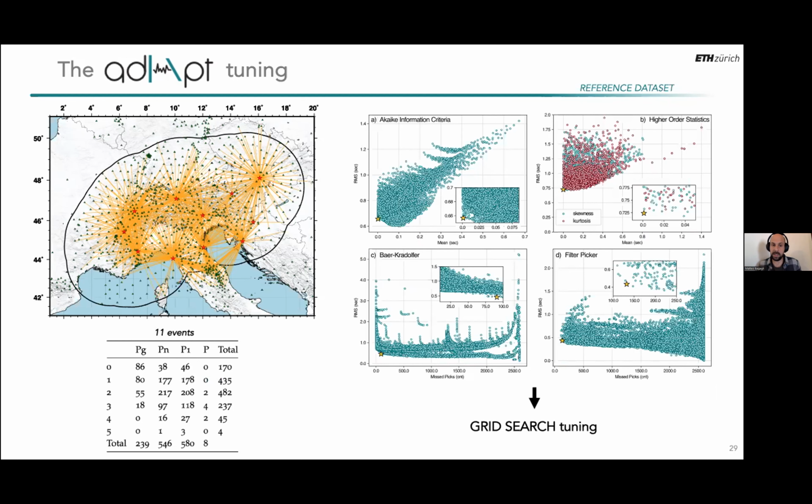We did this using a grid search tuning approach, and we selected, of course, the set of parameters that better minimized our model.